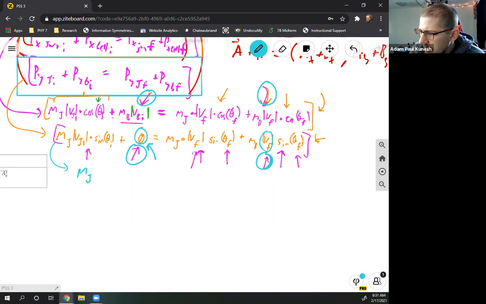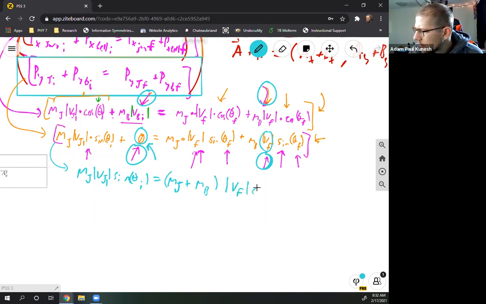This is mJ magnitude vJ, sine of theta initial for Jersey, equals, and then I'm going to combine like terms. So I'm going to keep VF magnitude and sine F together, and then I'm going to just strip out the MJ and MB. So this is going to be MJ final, which is the same as initial, so I'm just going to leave it as MJ, plus MB, parentheses, magnitude VF, sine of theta final.